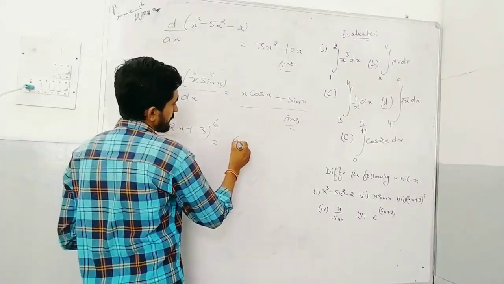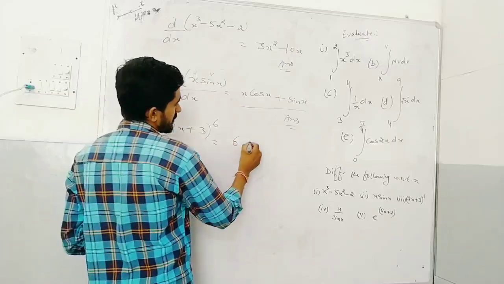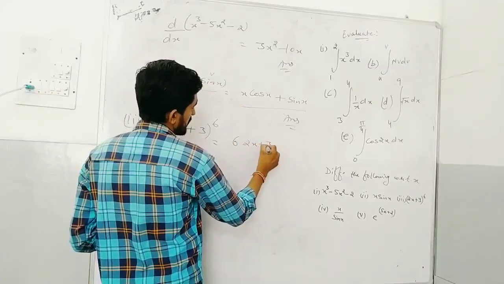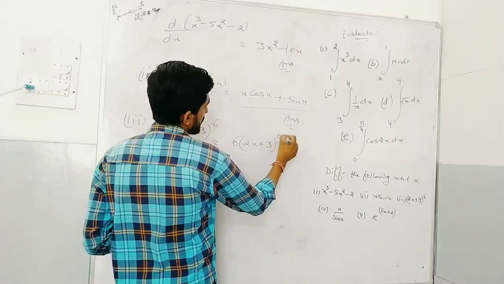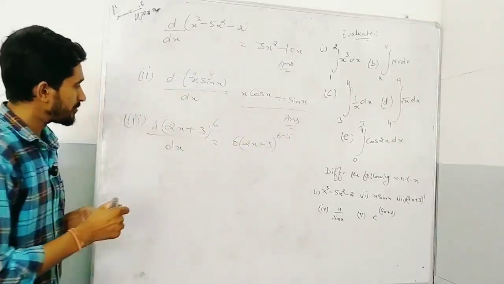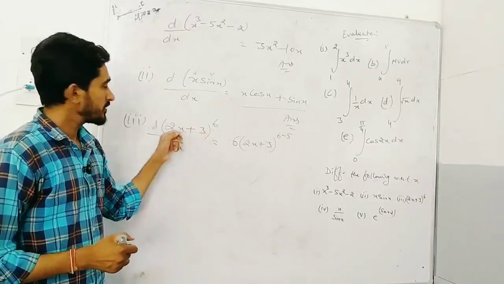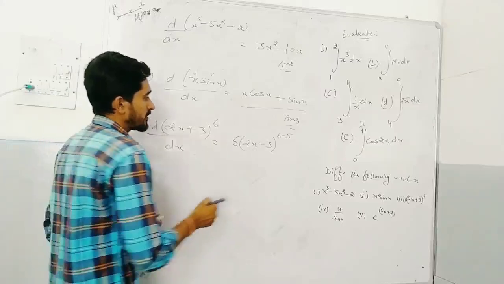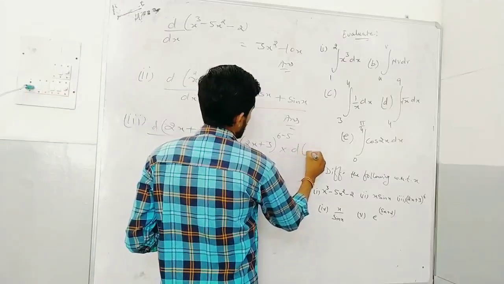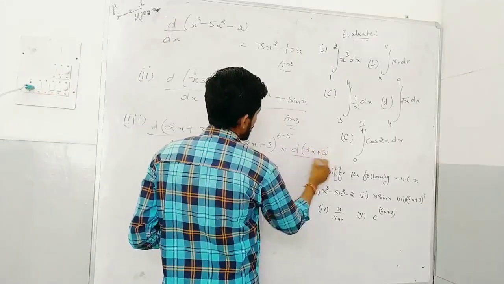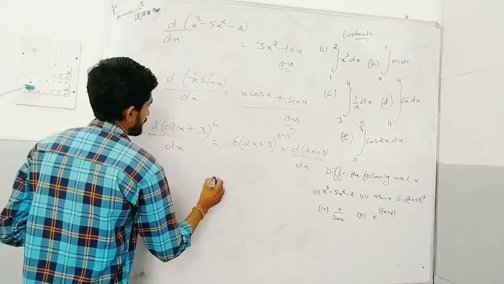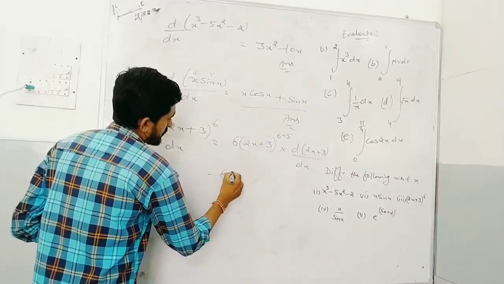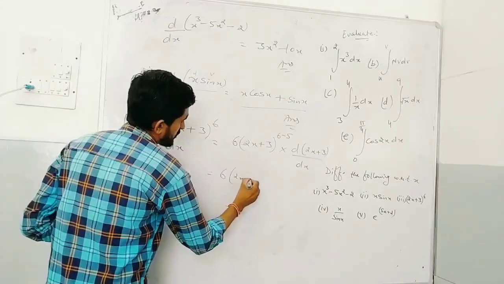This gives me 6, power comes in front, and power minus one, 6 minus 1 is 5. But in the middle term we also have x, so differentiate it: d by dx of 2x plus 3.